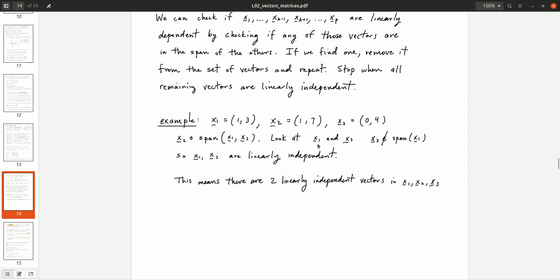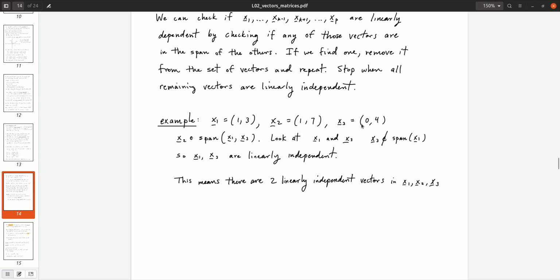And now we look at x1 and x3, which are the remaining ones, and check to see if one of those is in the span of the other. Here it turns out that x3 is not in the span of x1. If you think about the span of x1, it's just going to be any multiple of 1, 3, meaning that the second element is always going to be 3 times the first element, which is not true of x3.